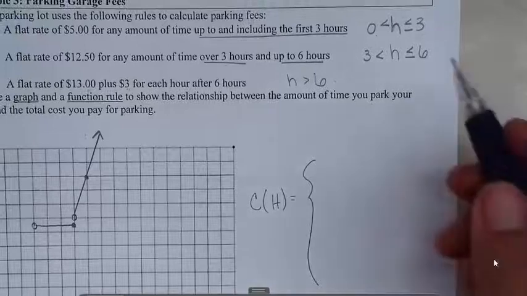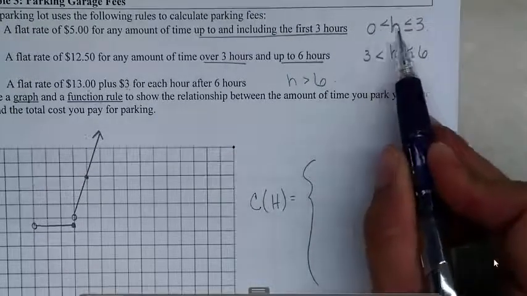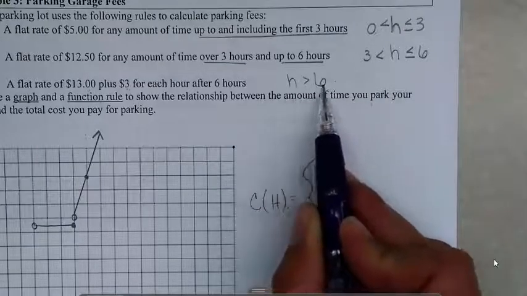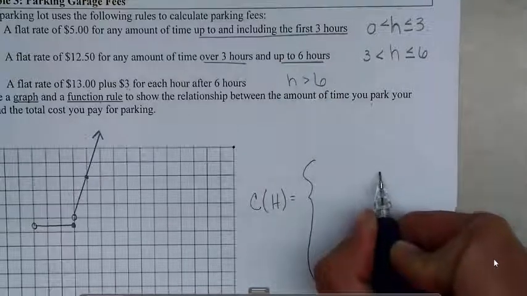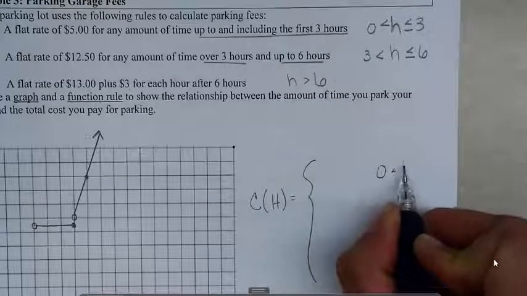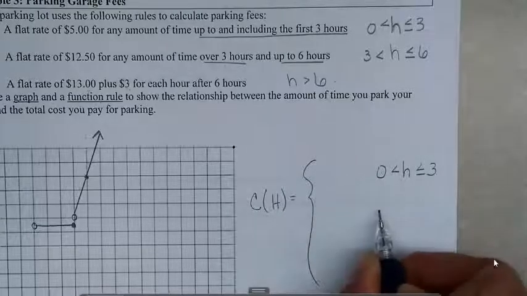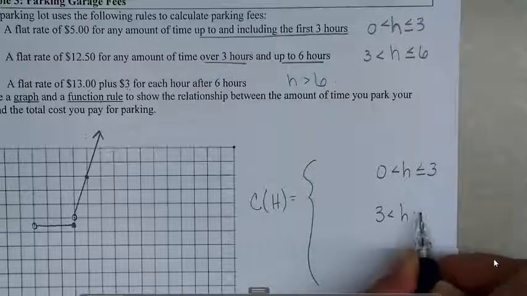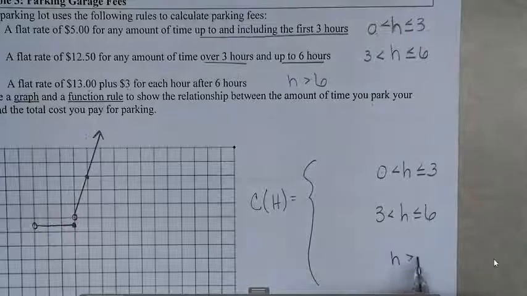So I think we already talked about that, right? I'm going to have one piece that talks about this domain, a second piece that talks about this domain, and a third piece that talks about this domain. So my 3 domains, I'm going to go ahead and write them down, that way I can put what it equals next to it. H being between 0 and 3, H between 3 and 6, and then anytime H is greater than 6.